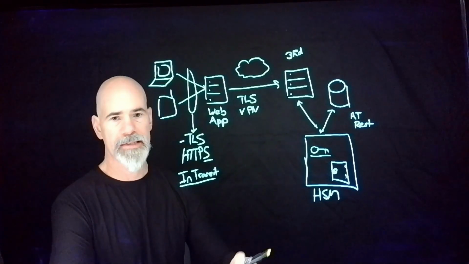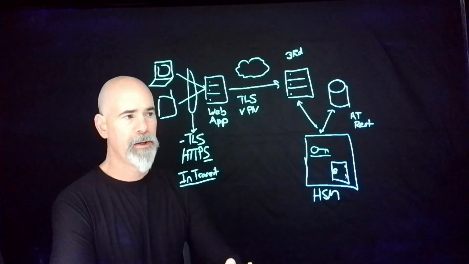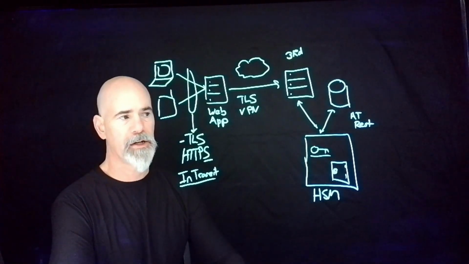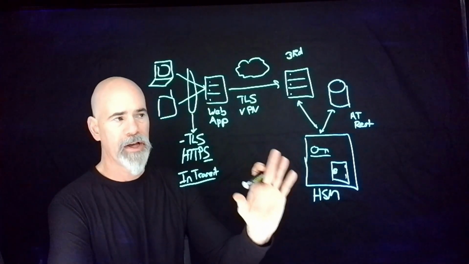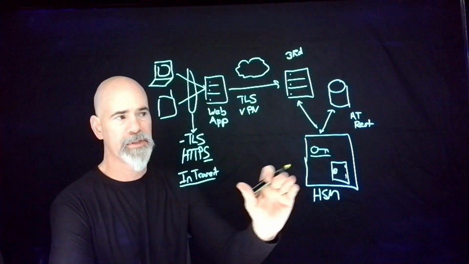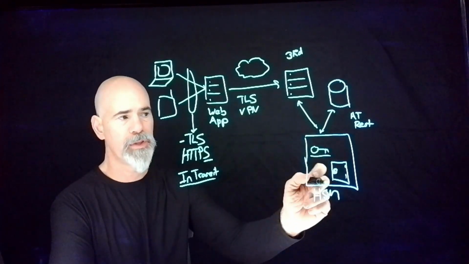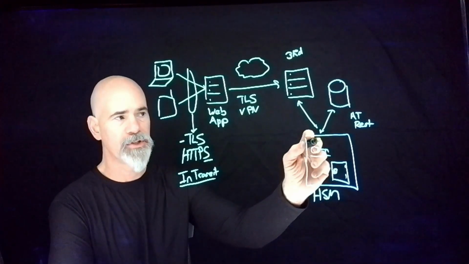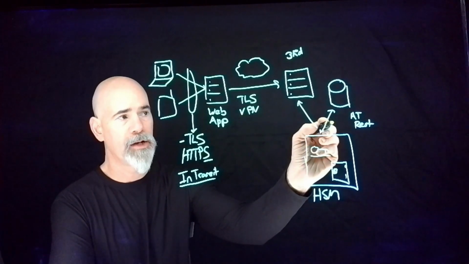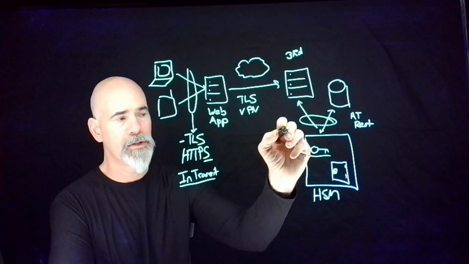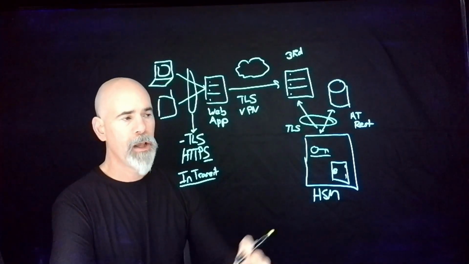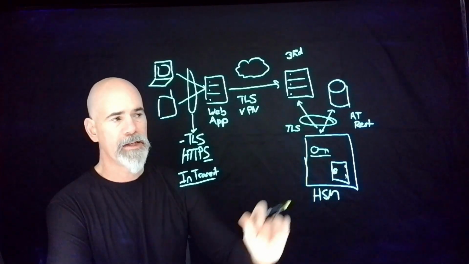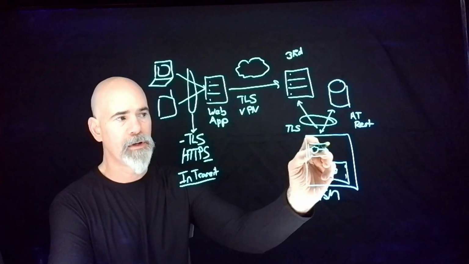And that vault has a higher level of security on it, meaning that the application itself may not be able to directly access that key. Now, in the vast majority of cases, what happens is that you would actually send the data to the HSM. The HSM decrypts it and sends it back to you, again, utilizing TLS or some other level of transmit security. But the idea here is that key does not leave that HSM.